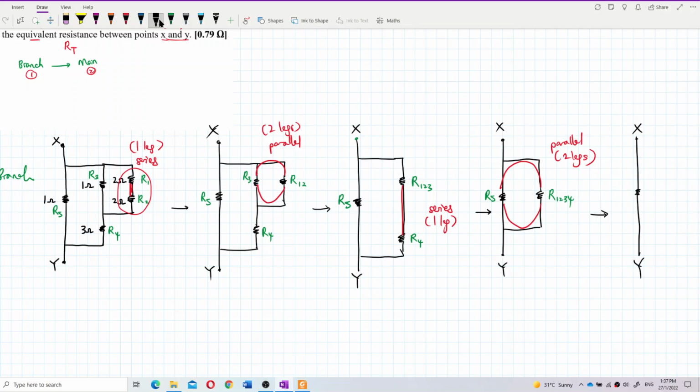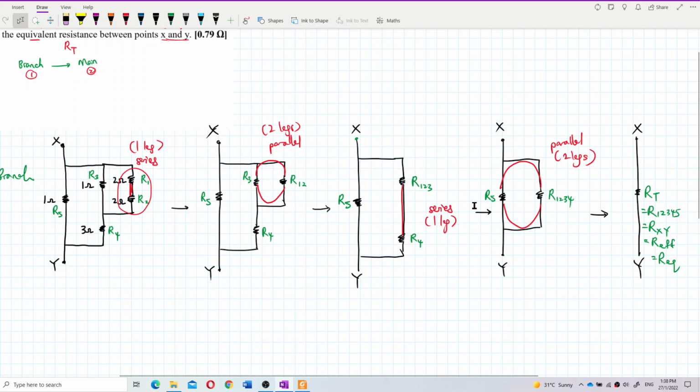I got the last one, which is R total, or we can write it as R12345, or we can write it as RXY. Understand? Or you can write it as R effective or R equivalent. Whatever name you want to name it.